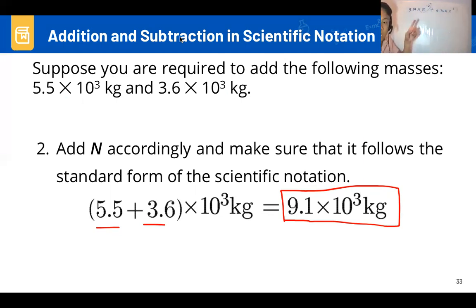Nakuha? Kaya easy lang yan. Ang gagawin lang natin, we will just copy 3.14 plus 6.26, open and close parenthesis, times 10 raised to negative 2.